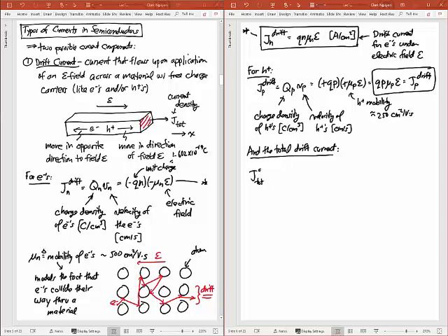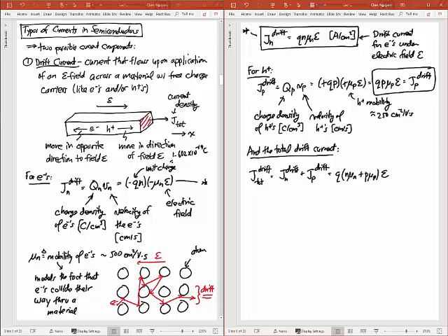So my total drift current, which I'll call J total drift, is going to be equal to the sum of Jn drift and Jp drift, which, if I write that out, is going to be my unit charge Q times N times mu N plus P times mu P, times my electric field.